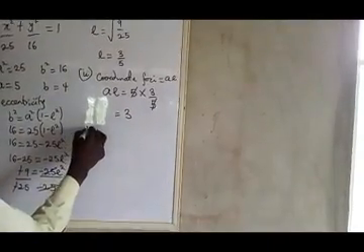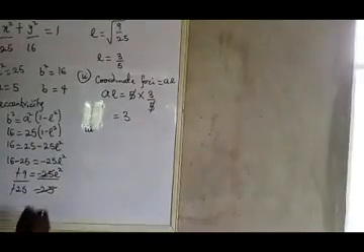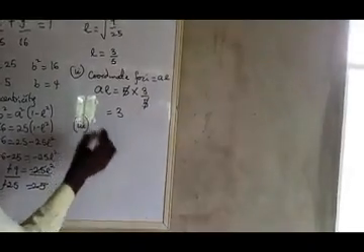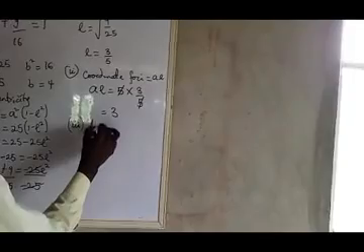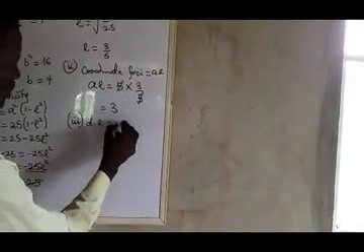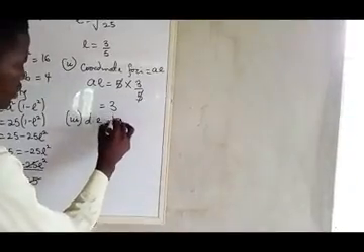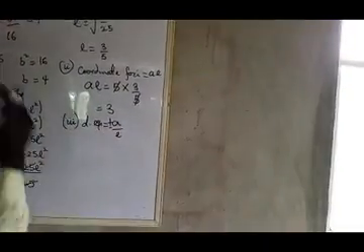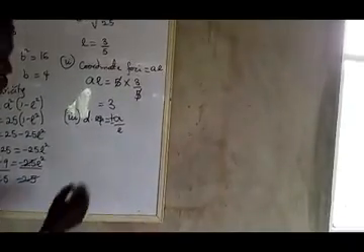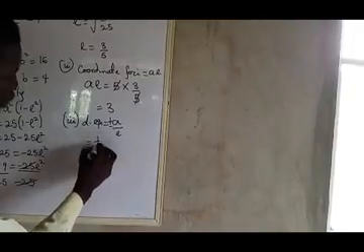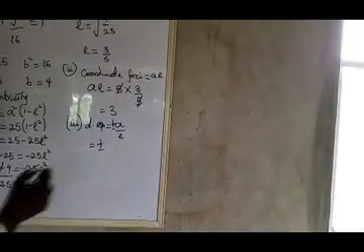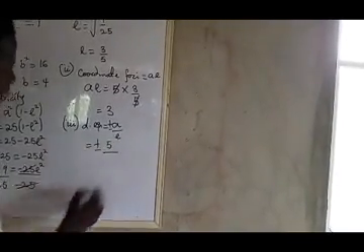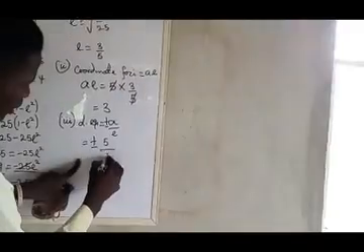Then the third one they say I should find is the directrix equation. For the directrix equation, your formula is plus or minus A over E. That will be plus or minus 5 over your E, which is 3 over 5.